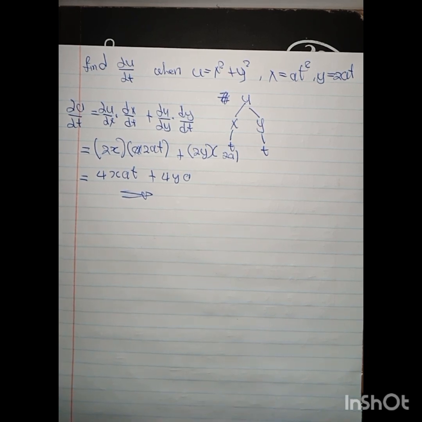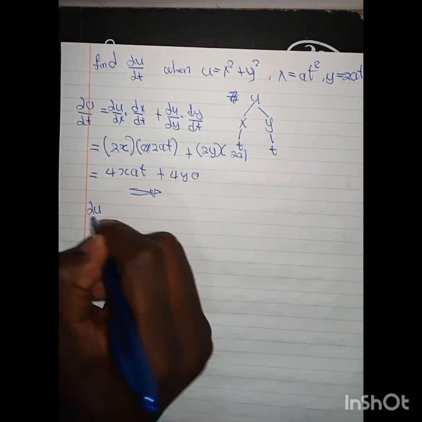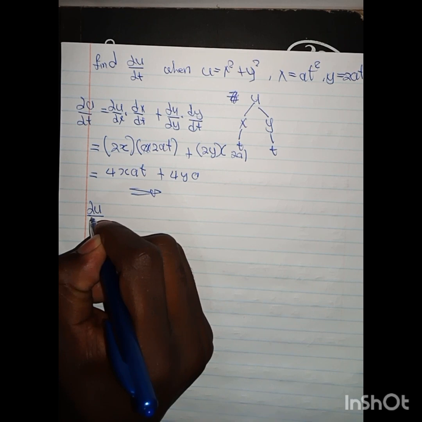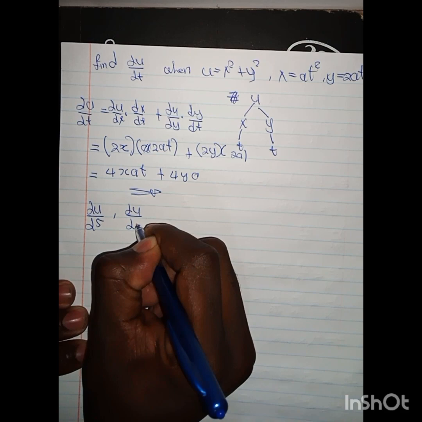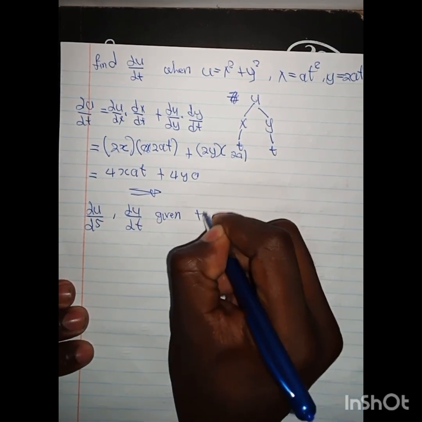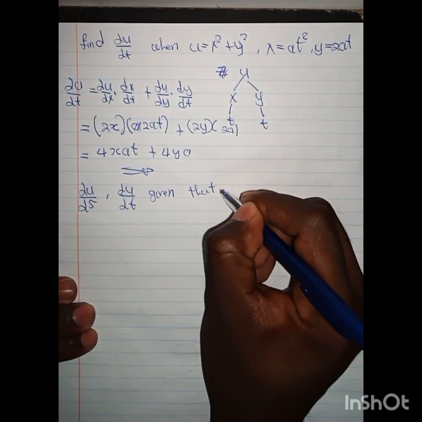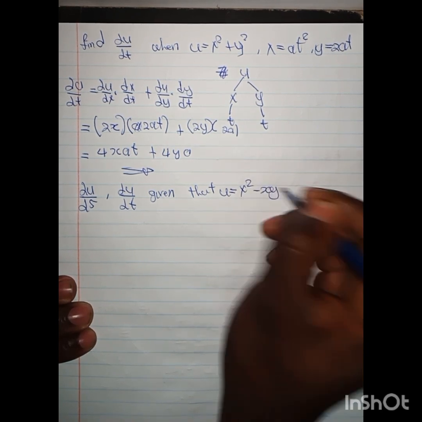We can also look at another example for the sake of practice. Let me say now we want to find du/ds and du/dt, given that u is equal to x squared minus xy.